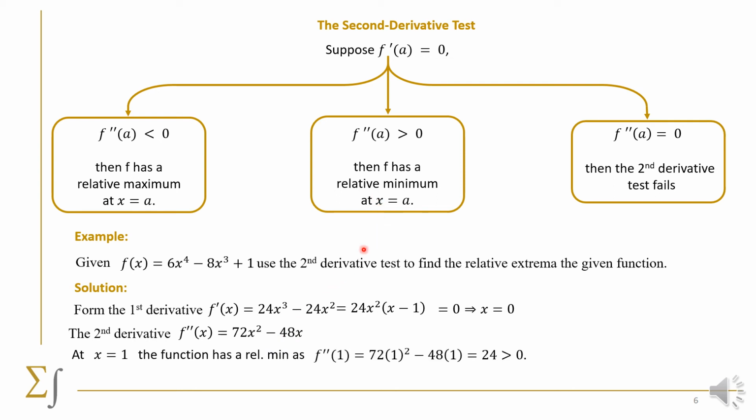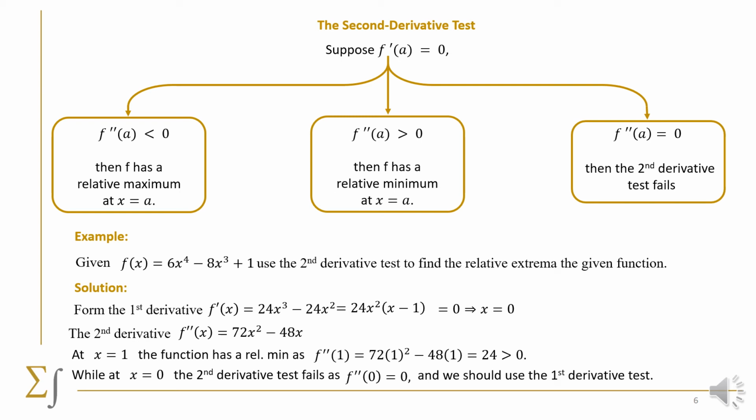So f double prime of 1 is equal to 24, which is greater than 0. But what happens when x equals 0? When x equals 0, we have the second derivative test failing because we put 0 here and 0 here, we get f double prime of 0 equals 0. So we need to use the first derivative test to solve this problem.